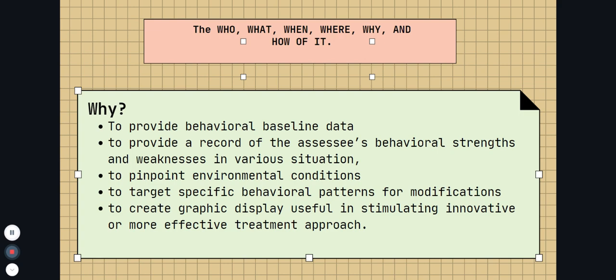So that is why we conduct behavioral assessment, because it has many benefits and offers a lot of help, especially to those clinicians who prefer to really see the behavior of a person in conducting an assessment.